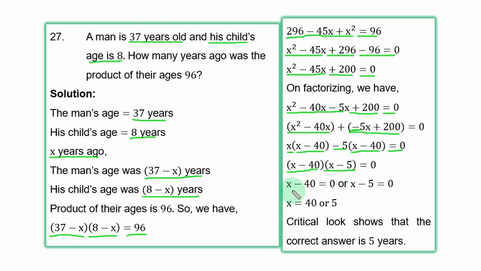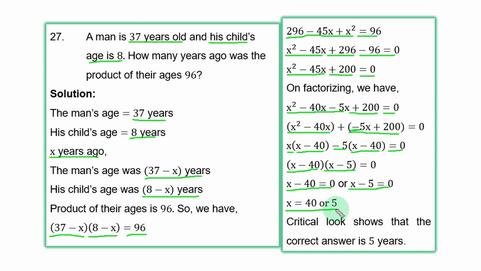It follows that s minus 40 equal to 0 or s minus 5 equal to 0. If you solve the linear equations by transferring minus 40 and minus 5 respectively to the right hand side, you have s equal to 40 or 5.